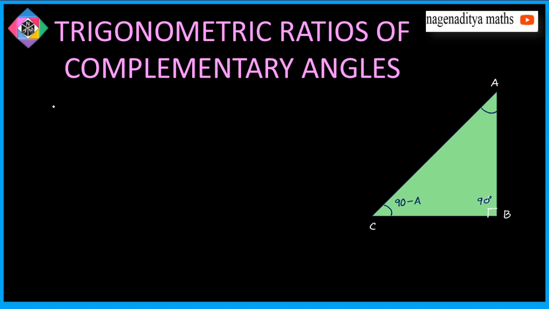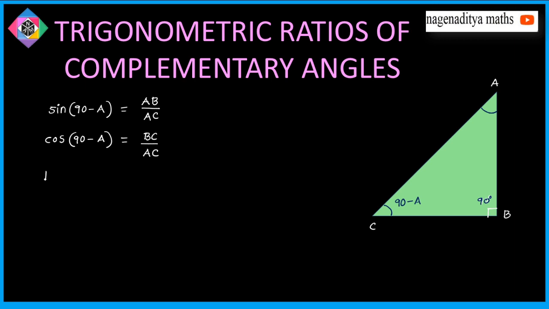Now I am going to find sine of 90 minus A. Sine of 90 minus A is equal to the opposite side AB over the hypotenuse AC, so this is AB by AC. Next I am going to find cos of 90 minus A. We have to find the adjacent side of 90 minus A. The adjacent side is BC, so this is equal to BC by AC.